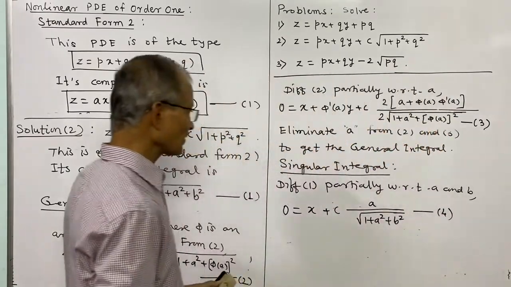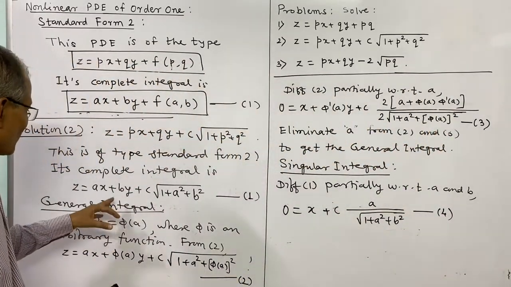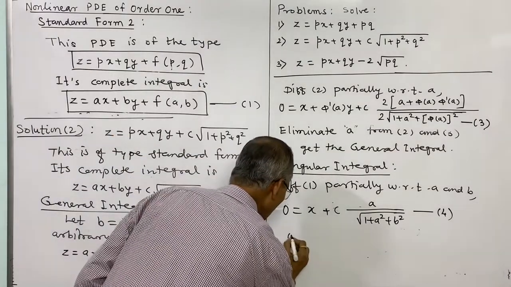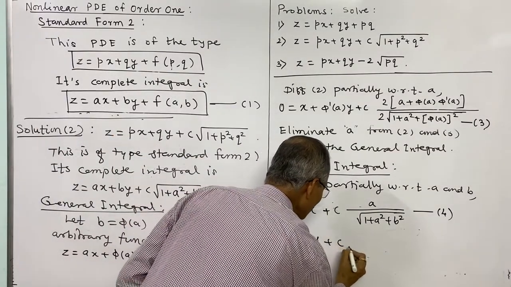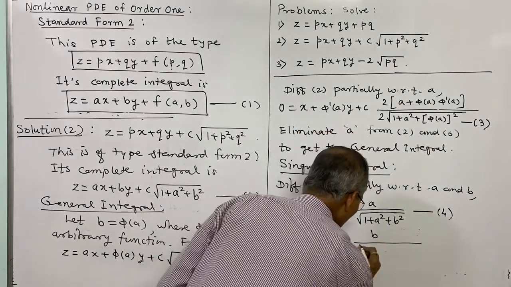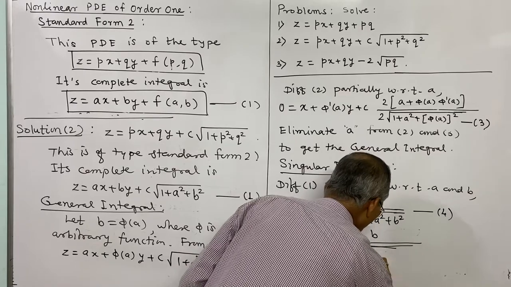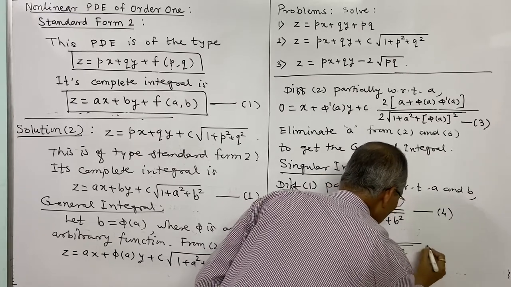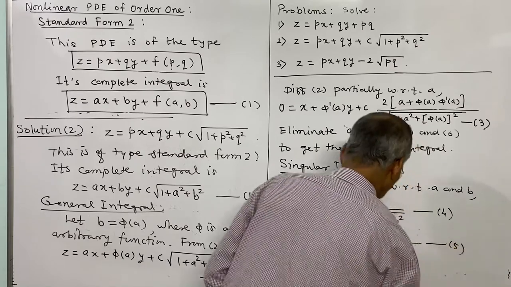And similarly, the partial derivative of this with respect to b will be 0, and that is y plus c into b, in place of a there will be b, divided by under root of 1 plus a square plus b square. And this is our fifth equation.